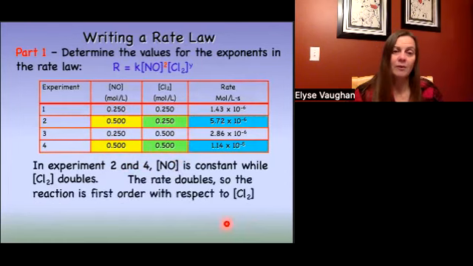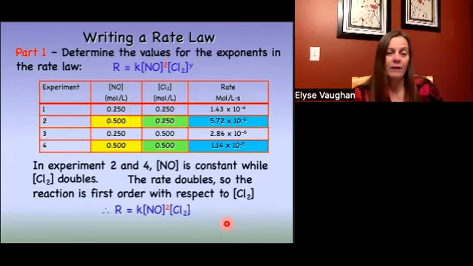At the same time, the rate also doubles, so our reaction is first order with respect to chlorine, because 2 to the first power is 2. So we've now figured out that it's second order with respect to nitrogen monoxide and first order with respect to chlorine.